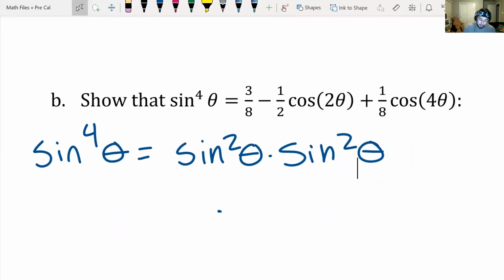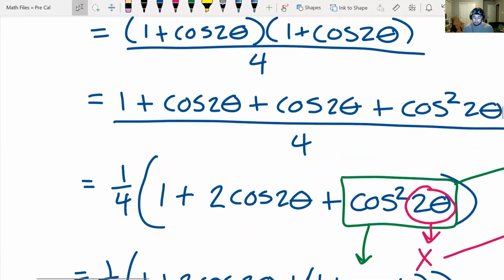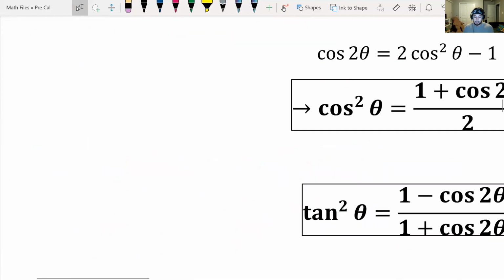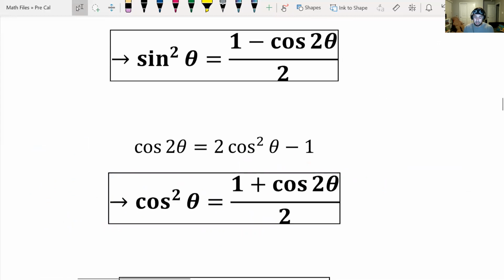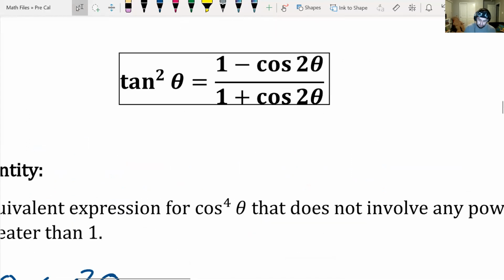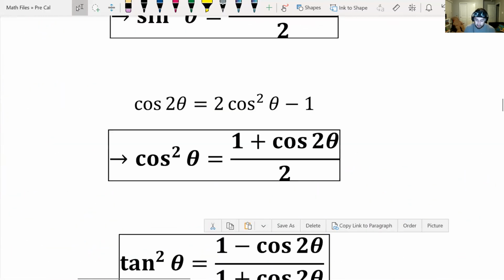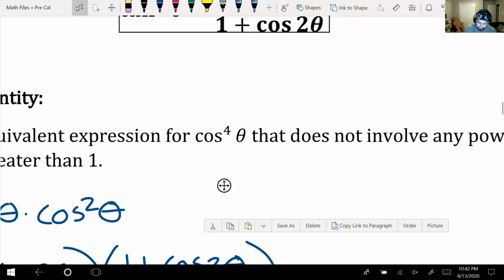So now breaking this down. Sine squared theta times sine squared theta, we're going to do the same thing that we did above. Use our new double angle substitution. Sine squared is now 1 minus cosine 2 theta over 2. That's what we're plugging in for sine squared.